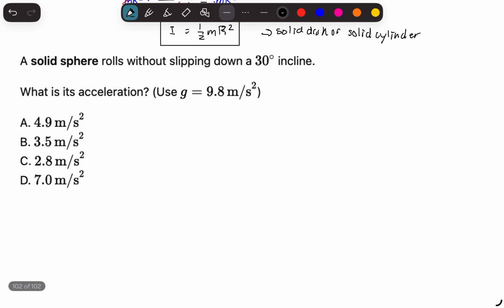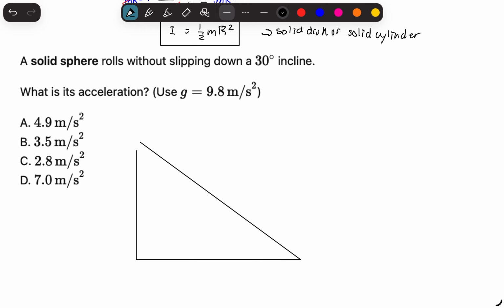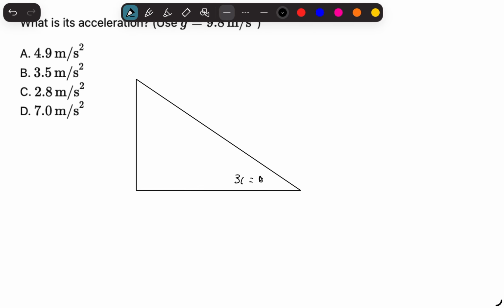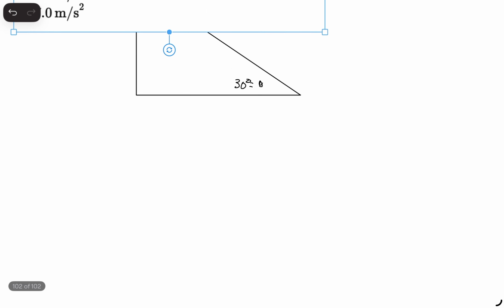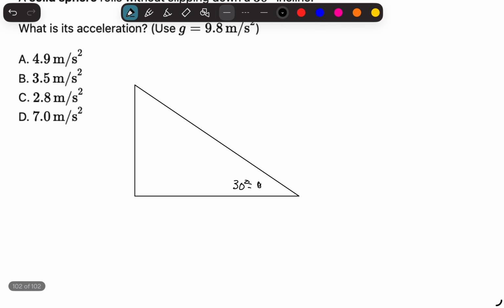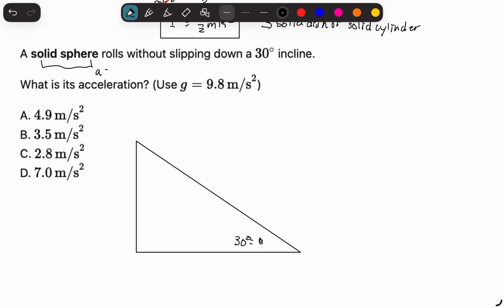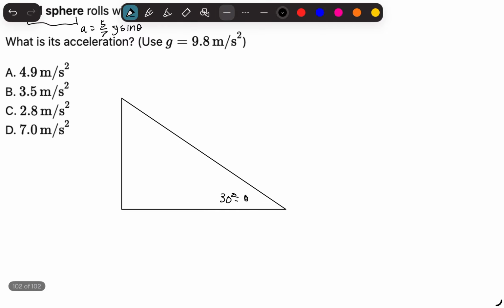A solid sphere rolls down without slipping down a 30-degree incline. What is its acceleration? So for a solid sphere, a is equal to 5/7 g sine of theta. So we know that here our theta is equal to 30 degrees.